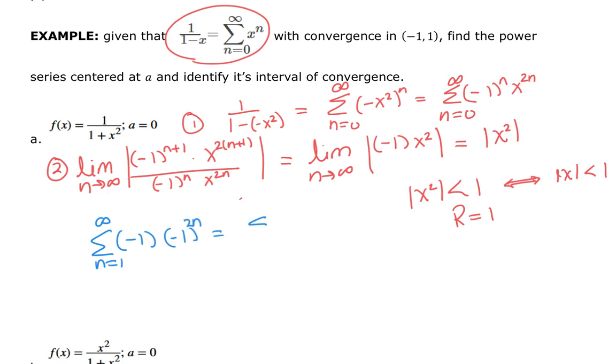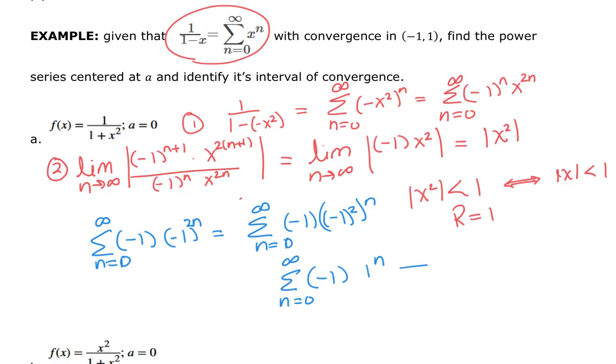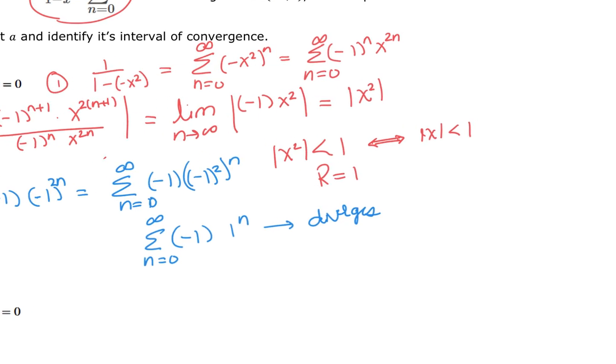This is negative 1 squared raised to the n, which is just the summation of n equals 0 to infinity of negative 1 times 1 to the n, which diverges. That means negative 1 is not included.